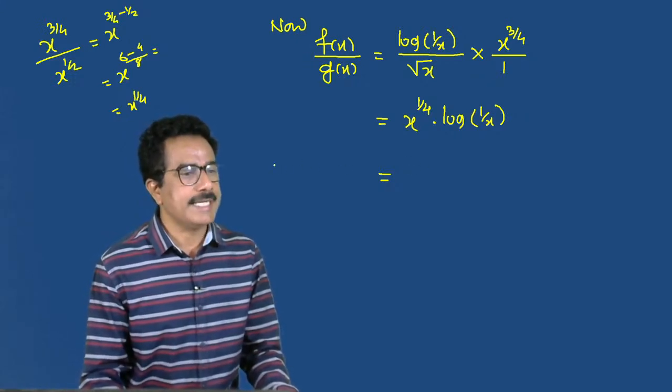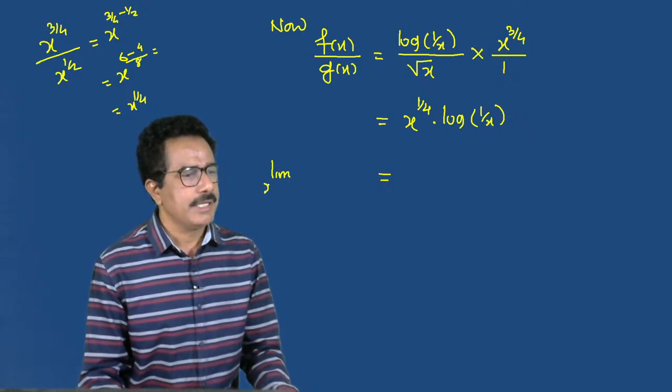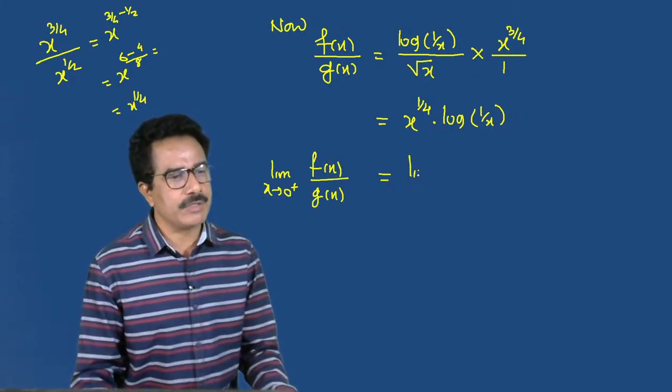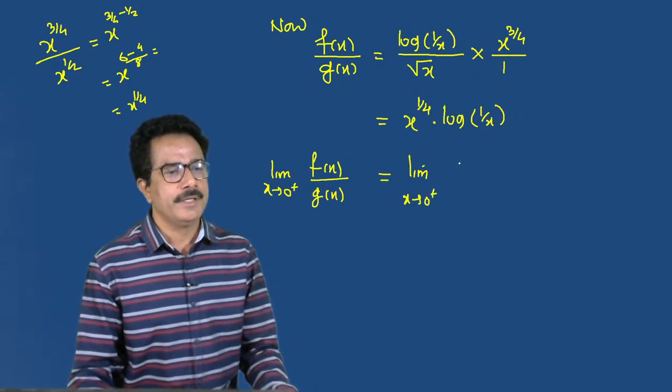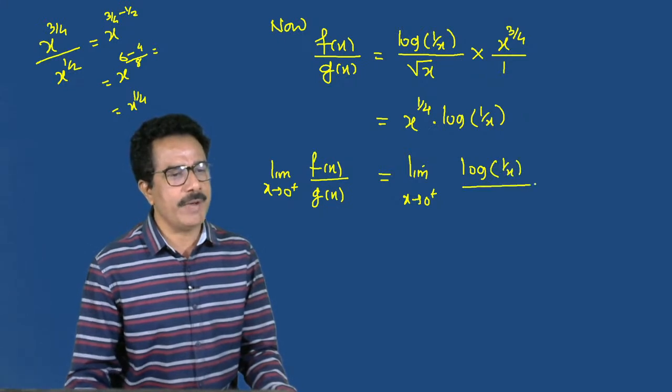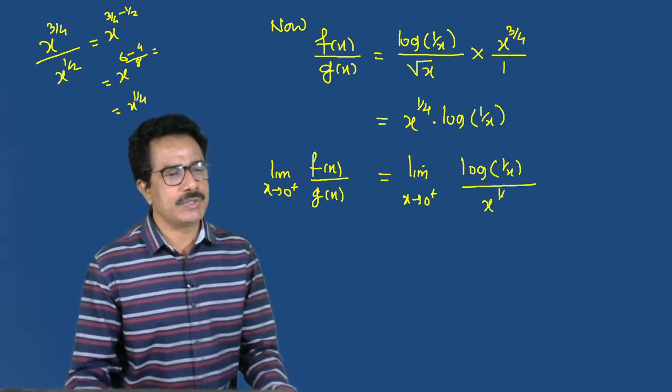So I shall take the limit x tends to 0 positive f of x divided by g of x, which is equal to limit x tends to 0 positive log of 1 by x divided by x raised to minus 1 by 4.